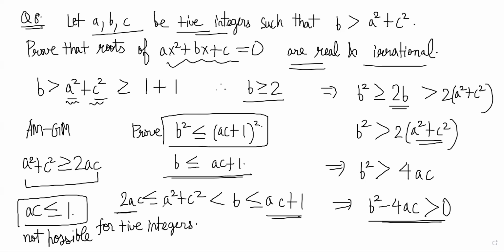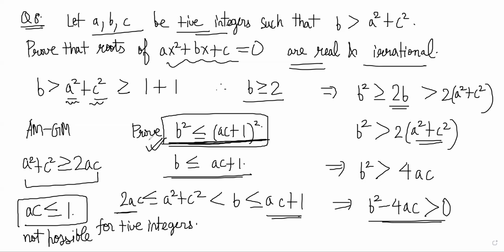So basically, what are we doing here? We are assuming that the roots are rational, and using the result of the previous problem, if you have rational roots for a quadratic ax square plus bx plus c, where a, b, c are positive integers, we have b squared must be less than or equal to (ac plus 1) whole square.